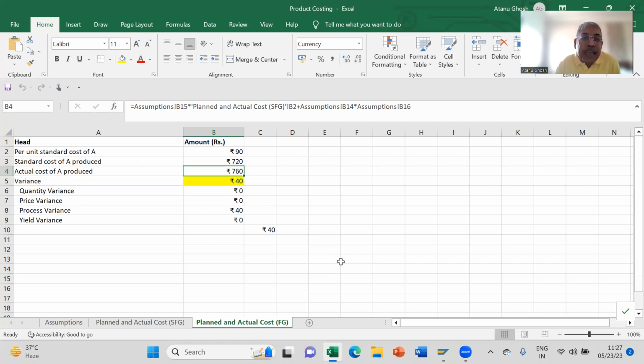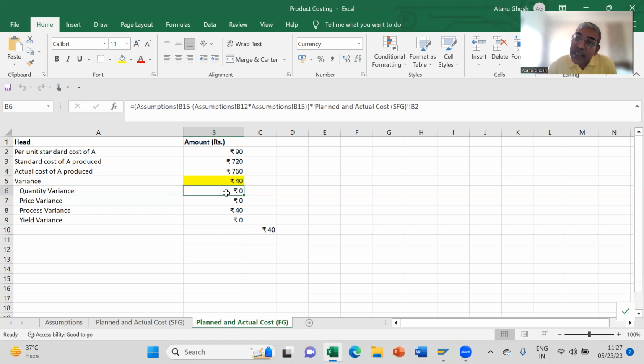And if I go to the variance, you see there will be no quantity variance because no additional quantity of B has been issued. No price variance because B cannot have any price variance, because B is valued at standard cost. So price variance in this case will always be zero.